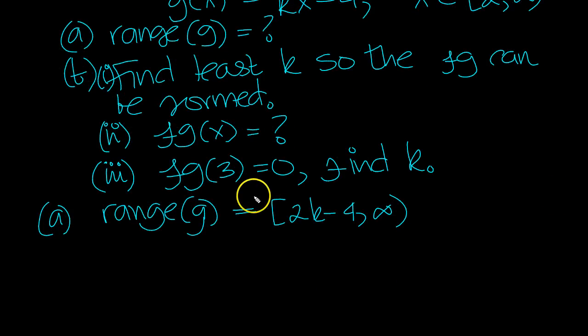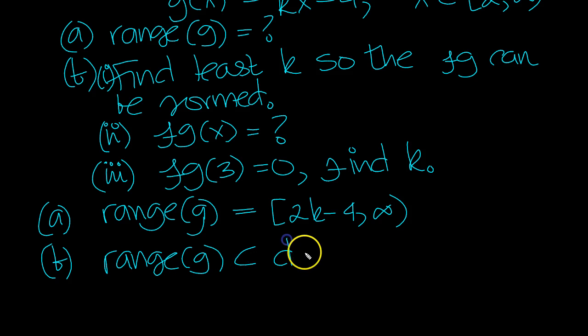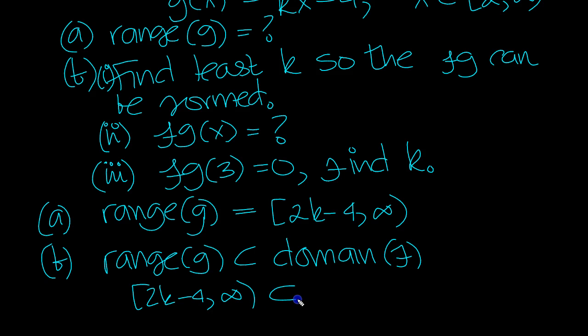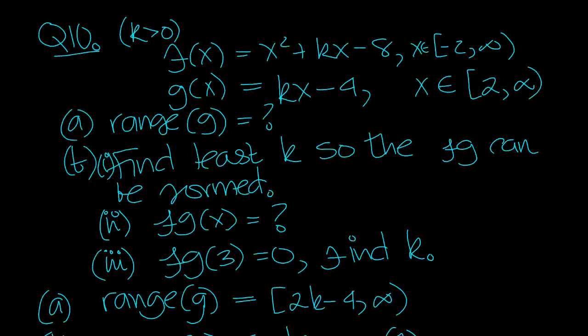Part B, find the least value of k so that F composite G can be formed. So for F composite G to be formed, the range of G must sit inside the domain of F. So the range of G, 2k minus 4 to infinity, must sit inside the domain of F, and the domain of F was minus 2 to infinity.